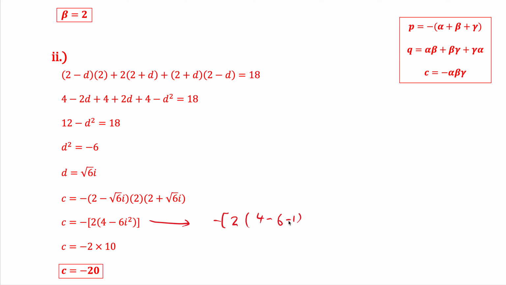So this will be negative 1, close bracket, and this will be negative 2 times 4. Now negative 6 times negative 1 will be positive 6. So 4 plus 6, and this will be negative 2 times 10. This is what I have here. So this gives us c is equal to negative 20.